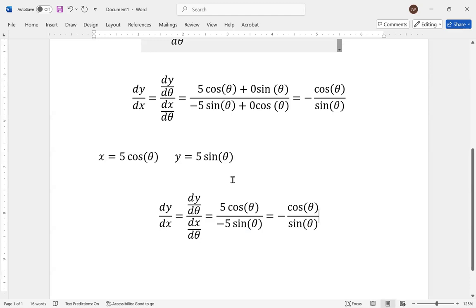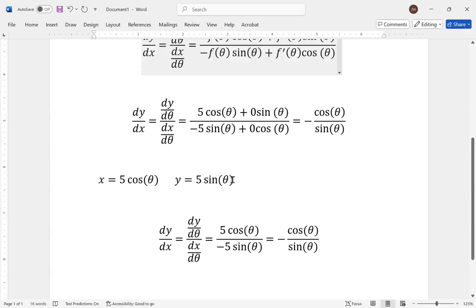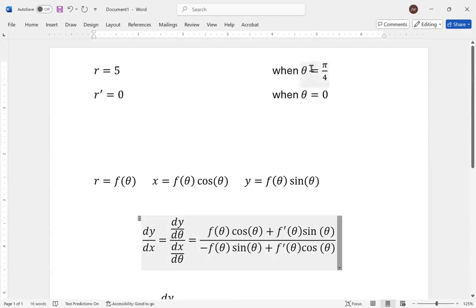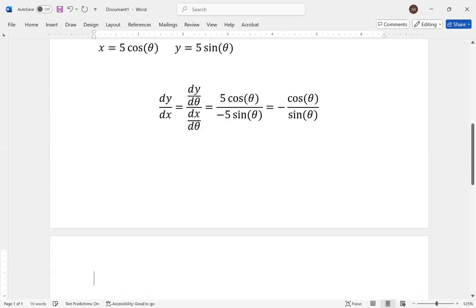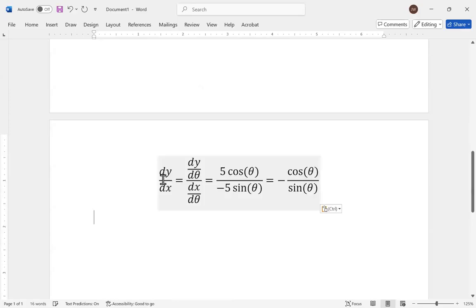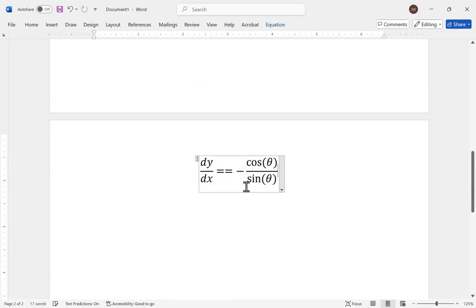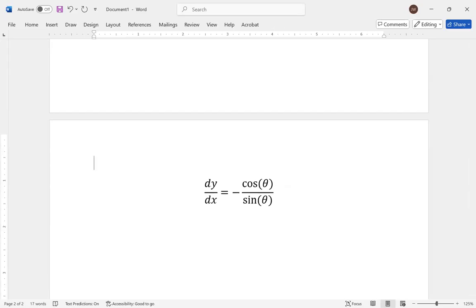Now that we have the derivative, now we can say, what is the value when theta equals pi over 4, or when theta equals 0? So now that I have the derivative, and by derivative, I mean the standard derivative, dy dx, derivative of y with respect to x, I can say something like, what's going to happen when theta equals pi over 4?